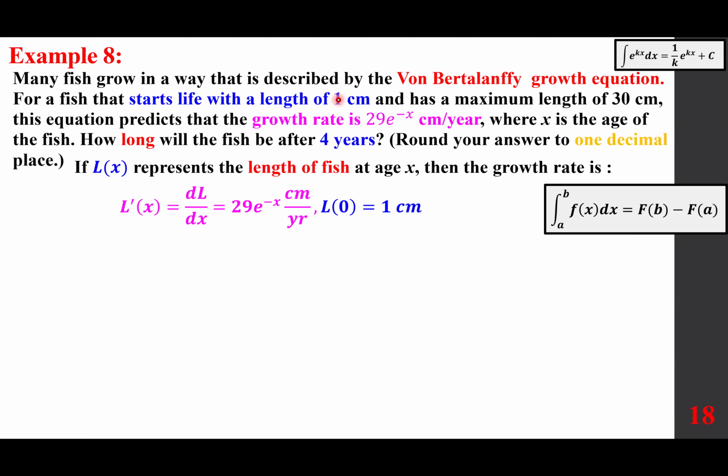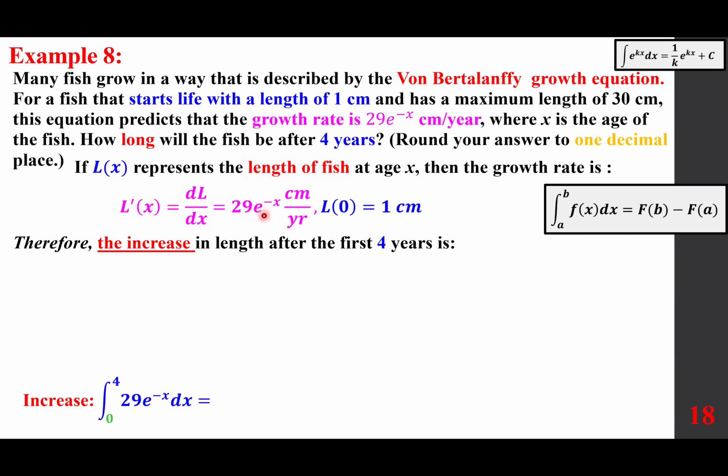And so if we want to go with the accumulated change, the amount of increase over the course of the first 4 years is the integral of this, of course, times dx from 0 to 4.